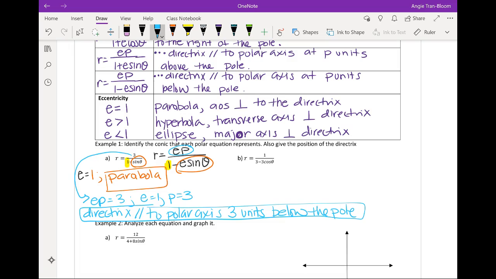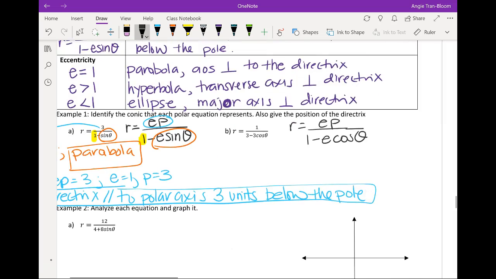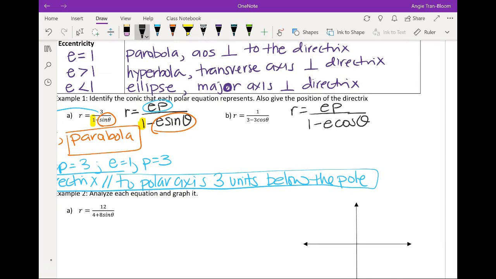Okay. B. This is cosine. So the standard format is R equals E times P divided by 1 minus E times cosine of theta. That's the standard equation. Can you guys see that the standard equation is always in the form 1 minus E or 1 plus E of something? Your given equation is not 1 minus, so you have to do what?